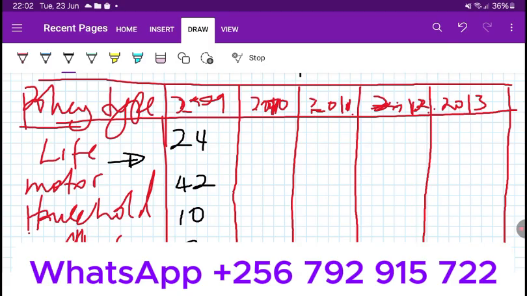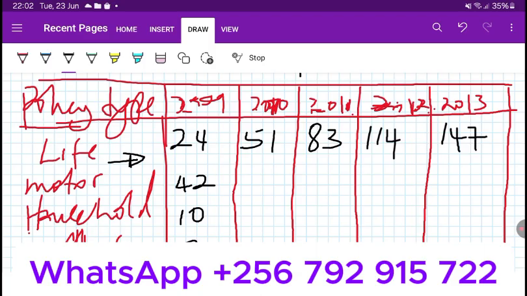So we get the 24, that is our starting, plus the 27 in 2010. It becomes a 51. Then 51 plus 32 gives you 83. Then 83 plus 31 gives you 114. Then 114 plus 33 gives you 147.